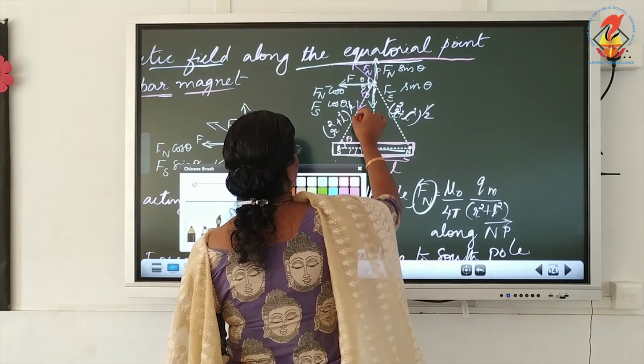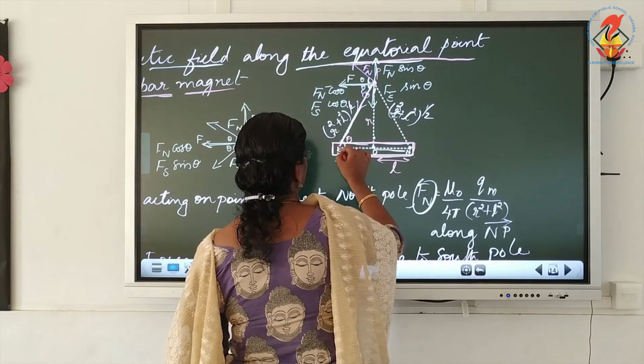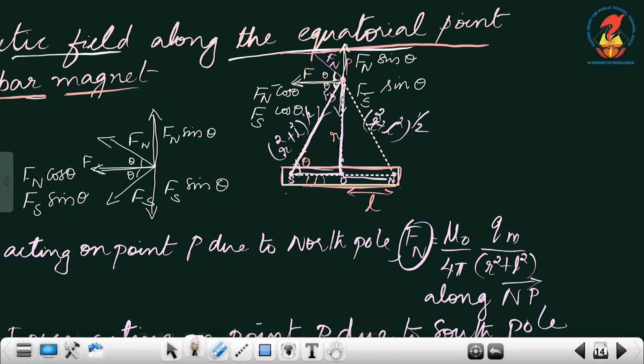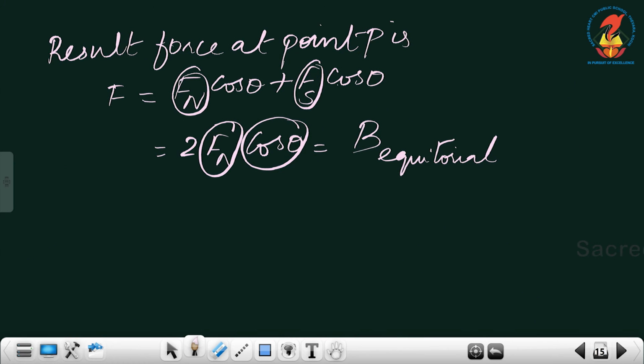So, if we take this right triangle, this is theta, then cos theta will be equal to what? Adjacent side, that is length L, divided by the hypotenuse, which is R square plus L square the whole raised to 1 by 2.